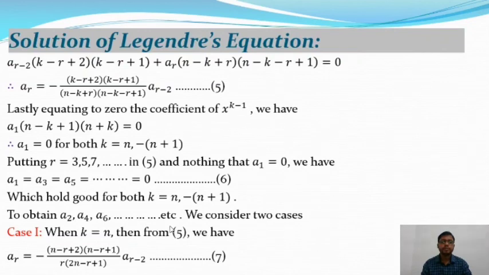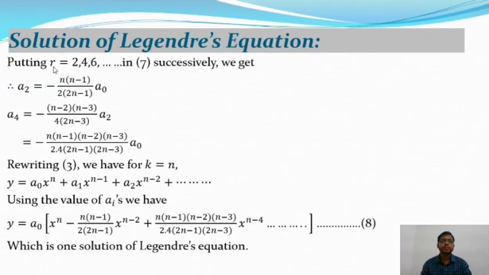So therefore from equation 7, if we put r is equal to 2, 4, 6, etc. successively in equation 7, we get a2 is equal to minus n into (n minus 1) by 2 into (2n minus 1) into a0. Again we put r is equal to 4, we'll get minus (n minus 2) into (n minus 3) by 4 into (2n minus 3) into a2.